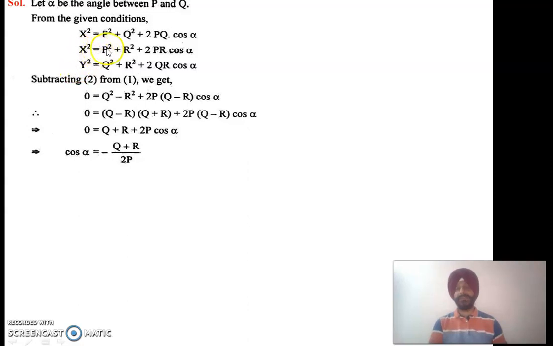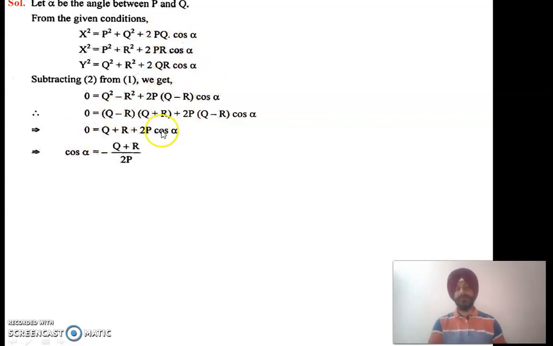Second condition: X square is equal to P square plus R square plus 2PR cos alpha, and third condition: Y square is equal to Q square plus R square plus 2QR cos alpha.